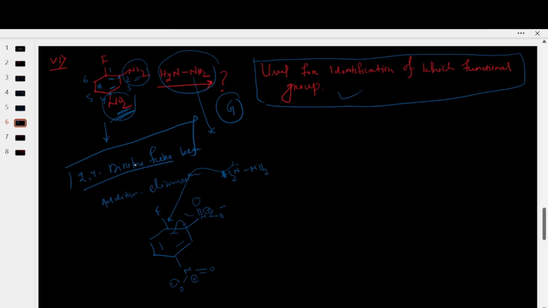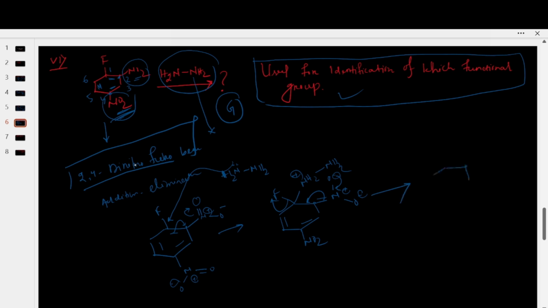It is stabilized by the nitro group. So it will form NO2 like that, and here it is fluorine, and here NH2 plus NH2, and double bond N O minus plus. Then that electron again comes back like this, and the leaving group will leave.